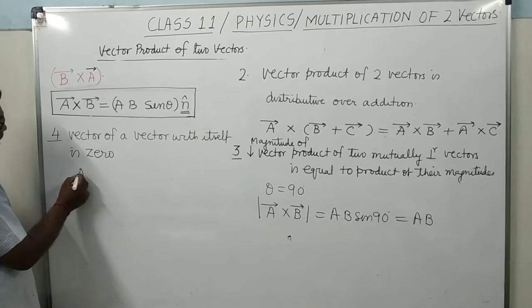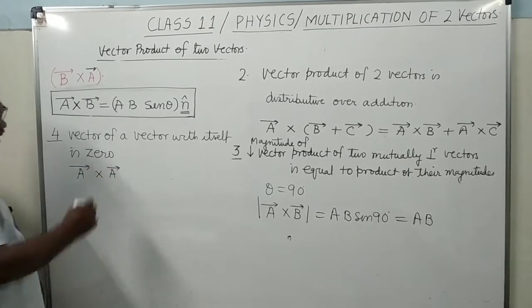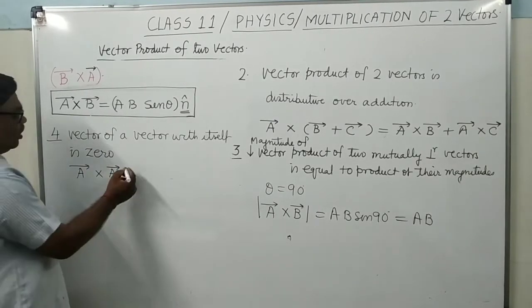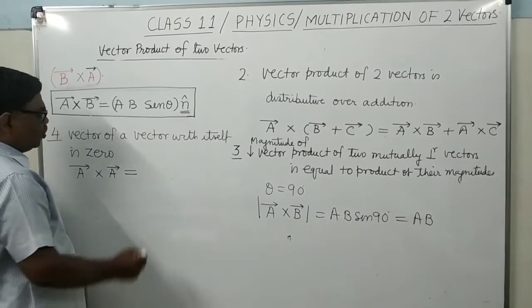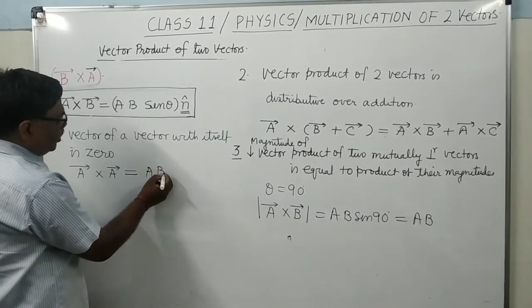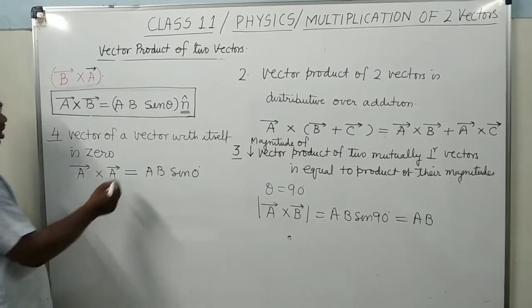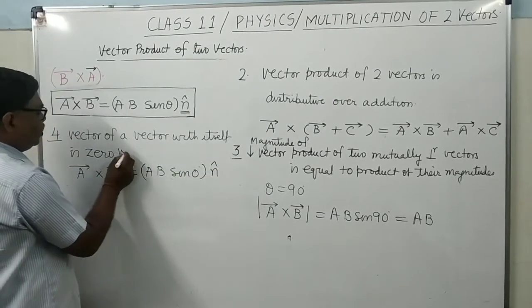Means vector A cross vector A. What is the angle between both the vectors? Since the vectors are the same, the angle will be 0 degrees. So it will be AB sine 0 degrees into unit vector n, a 0 vector.